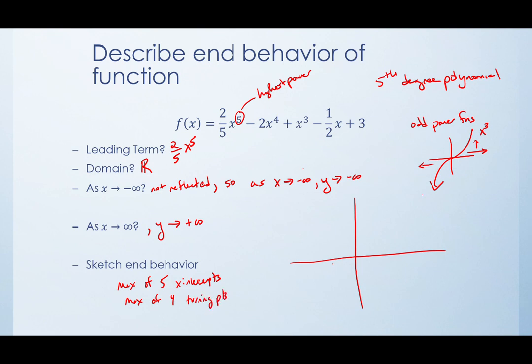But in the long run, we know it's going to go up as x gets large, and it's going to go down as x gets more and more negative. In the middle, we don't really know what's going on. So right now we're just going to say, it could be that.